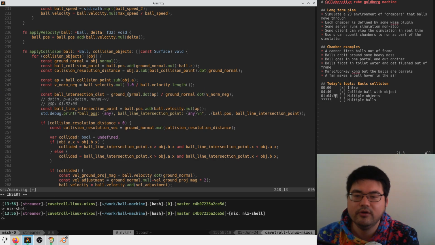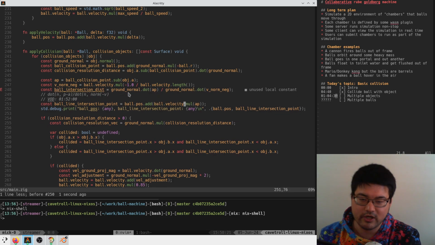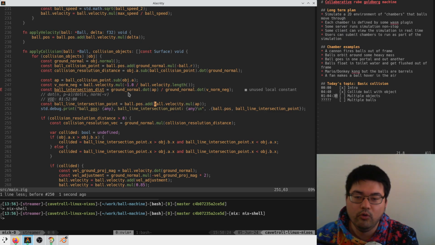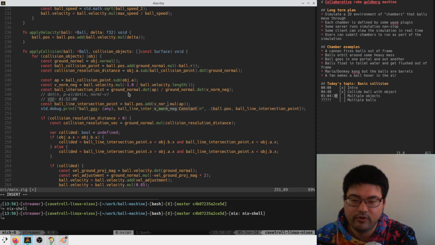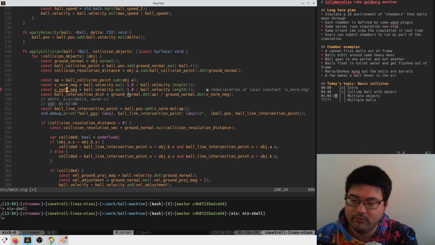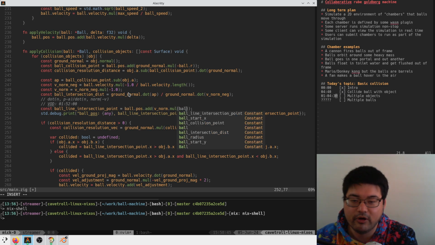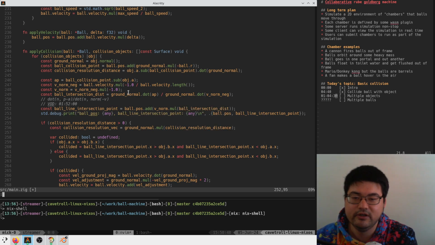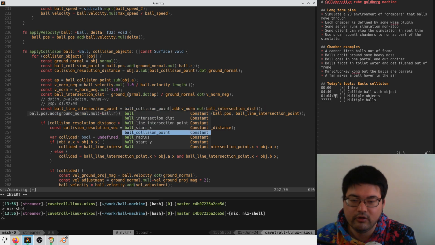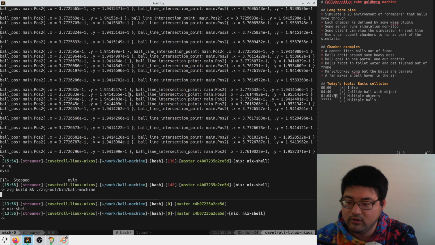So velocity norm, and then the norm is the negative version times -1. And maybe we should do it the other way. No, that's fine. Doesn't matter. So now we say v norm multiplied by the ball intersection distance added to the ball collision point. That feels right.